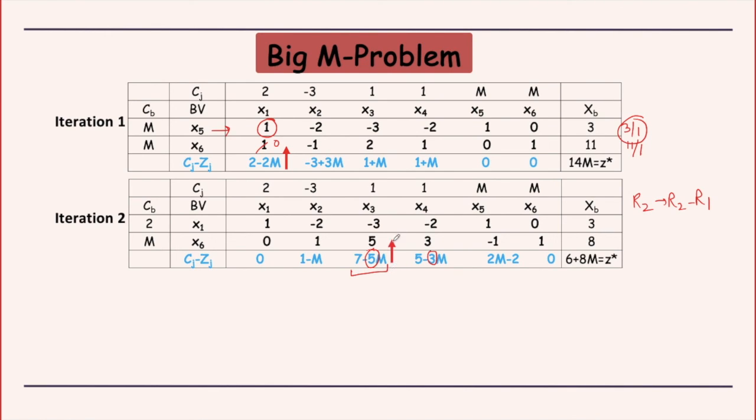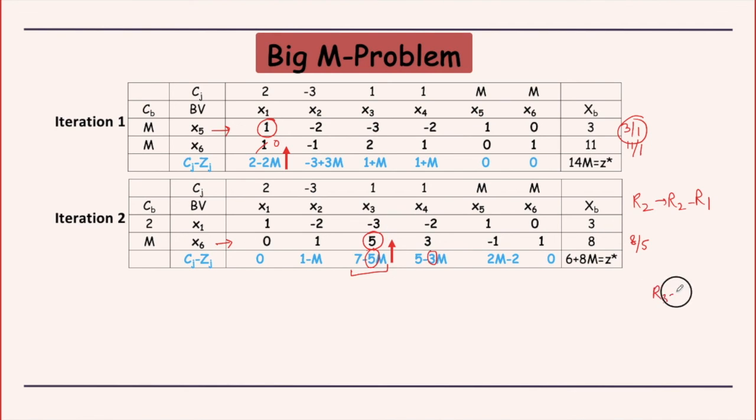So this is going to be your entering variable. For the leaving variable, you just have one option, and the ratio is 8 by 5, because for the other option the denominator becomes negative, so that is not allowed. So this would be your leaving variable. This is your pivot element. This has to be made 1, so you are going to divide this whole row by 5.